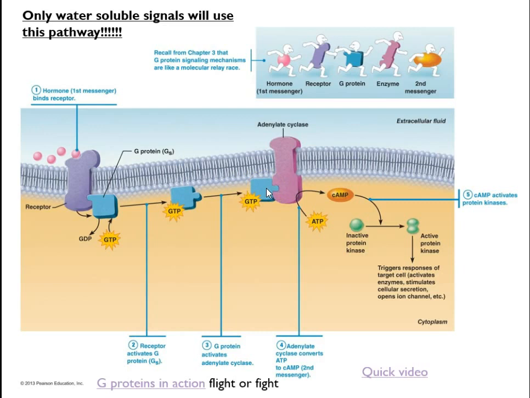That's another thing they call it. And by activating this, what's going to happen is this will now do a reaction. And it's going to go ahead and turn an ATP into this thing called cAMP, or cyclic AMP. And it's going to turn an inactivated protein into an activated protein.